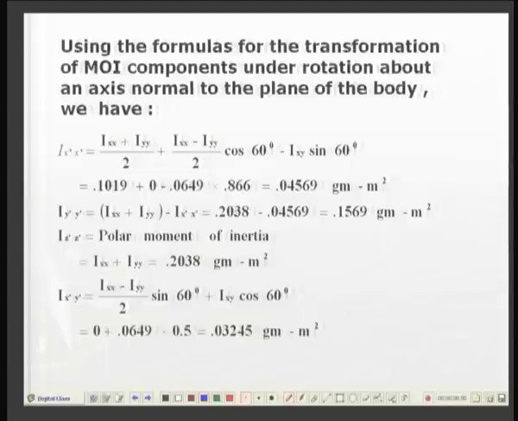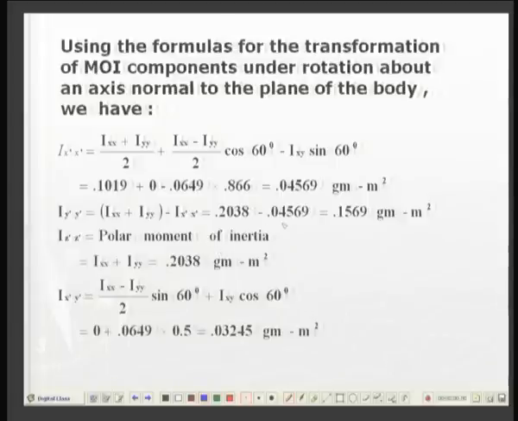Iy dash y dash, again using the formulas, we will have 0.1569, and then the polar moment of inertia, that is Iz dash z dash, which is, you remember, for a thin plate we have already proved, the sum of Ixx and Iyy. So, if I add these two, I will get the polar moment of inertia, which is Iz dash z dash, 0.2038 gram meter square.